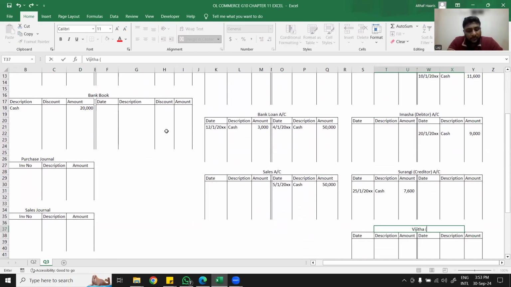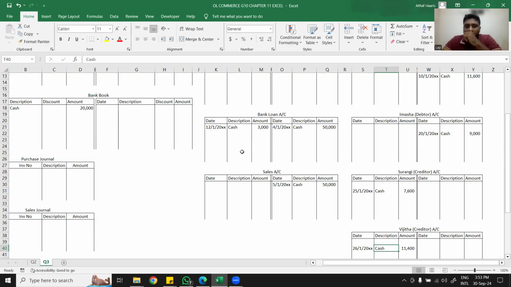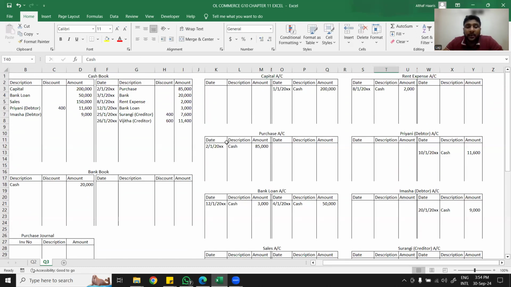Vijita account 11,400. Vijita debit, cash credit 11,400.